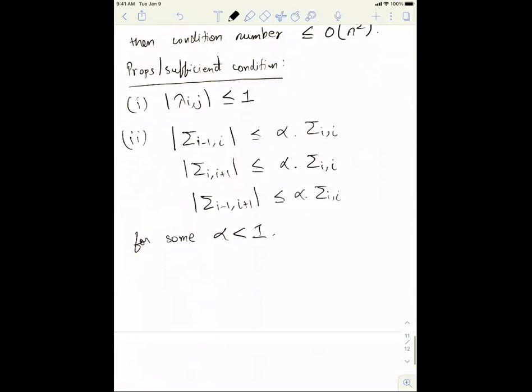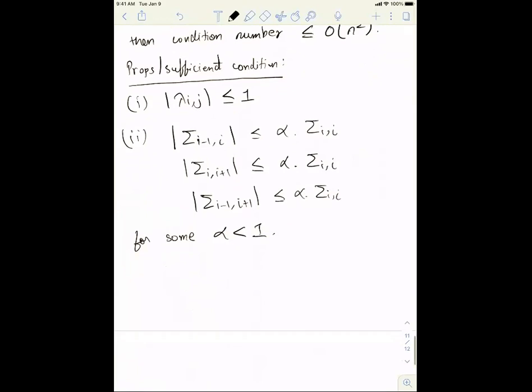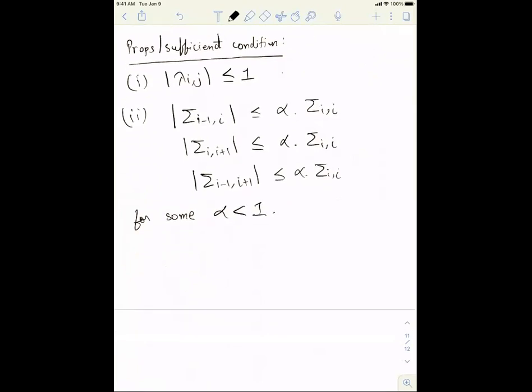So let me interpret both these conditions a bit more. This condition, you can think of it as a normalized form. You can imagine that if this value is larger than 1, say a large value like 100, then the error you accumulate in the first round of computation would get magnified.